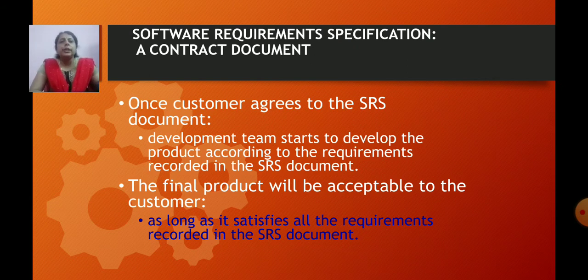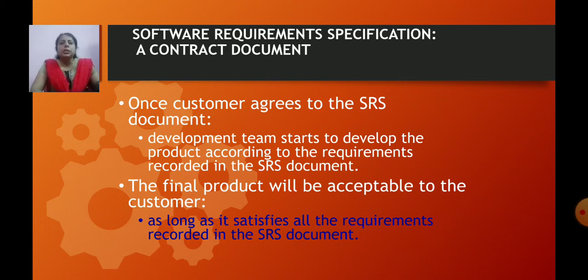Once the customer agrees to the SRS document, the development team starts to develop the product according to the requirements recorded in the SRS document. The final product will be acceptable to the customer as long as it satisfies all the requirements recorded in the SRS document. Means after approval of the SRS document, the developer team starts developing the product according to it.